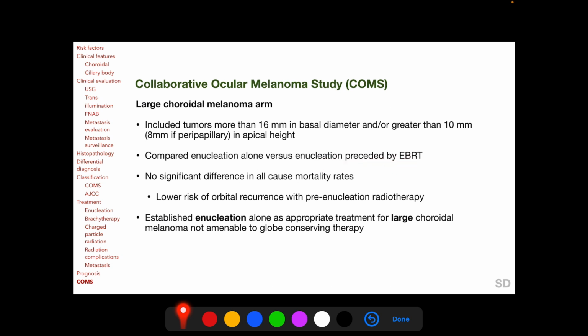It found no significant difference in the all-cause mortality rates, but there was a lower risk of orbital recurrence when enucleation was preceded by radiotherapy.